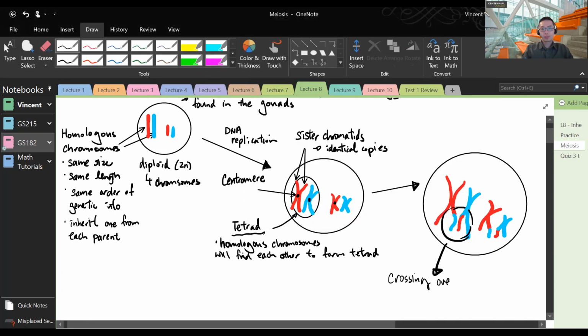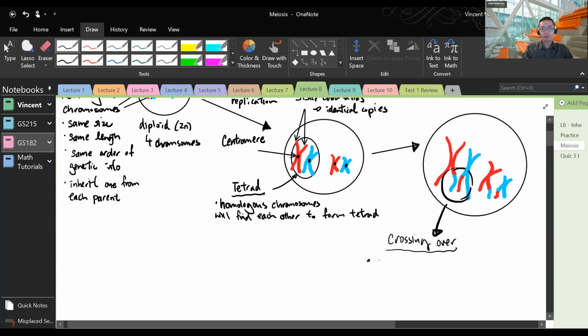Crossing over, which is the exchange of genetic material between non-sister chromatids. There is no point in exchanging material between the sister chromatids because they're identical, right?